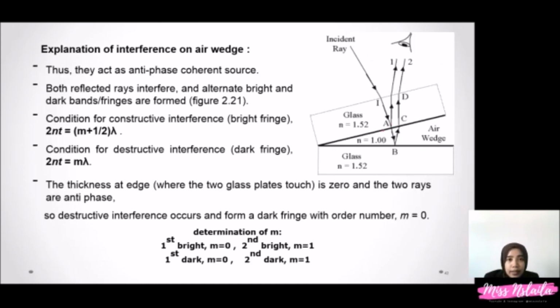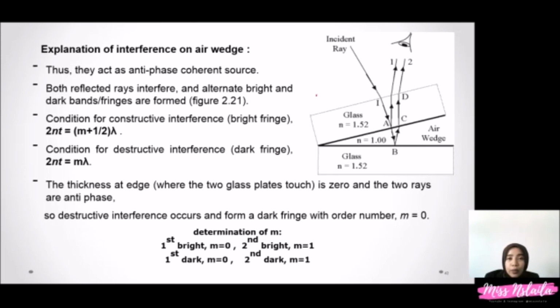Since ray 1 has no phase change while ray 2 has a phase change, both rays act as antiphase coherent sources. For constructive interference or bright fringe, you use the equation 2nt equal to (m plus half) lambda, while for destructive interference or dark fringe, 2nt equal to m lambda.